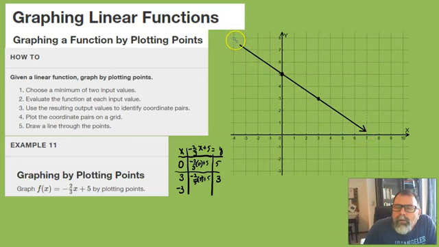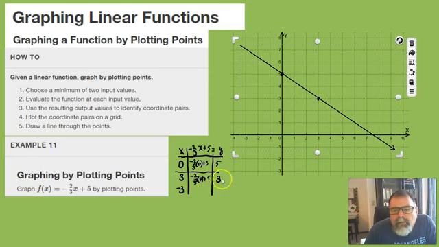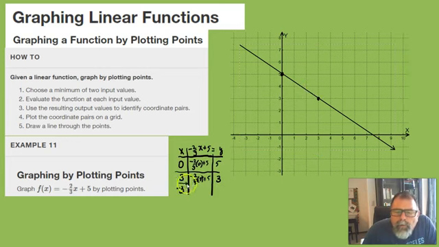Right? But if I want to do a third point as a check, just to make sure I didn't make any what I call silly math errors, you know. So when I was adding this negative 2 plus 3 and I put something that was wrong, I wouldn't catch it over here. So if I do a third point, oops, so negative 2 over 3 times negative 3 plus 5.